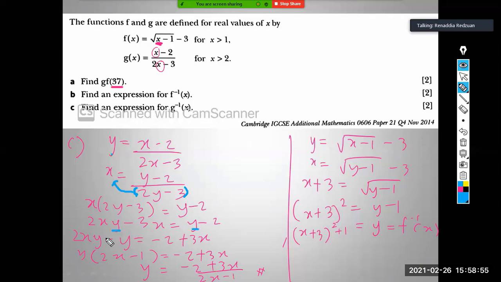So y here moved becomes negative y. Then this side we have negative 2. Negative 3x moves to this side becomes plus 3x. And then factorize the y. So you get 2x minus 1. After factorizing, then make y the subject, move this bracket to the right, become divide by 2x minus 1. Oh teacher, I did not move my y to the left side. I just factorized the x straight away.